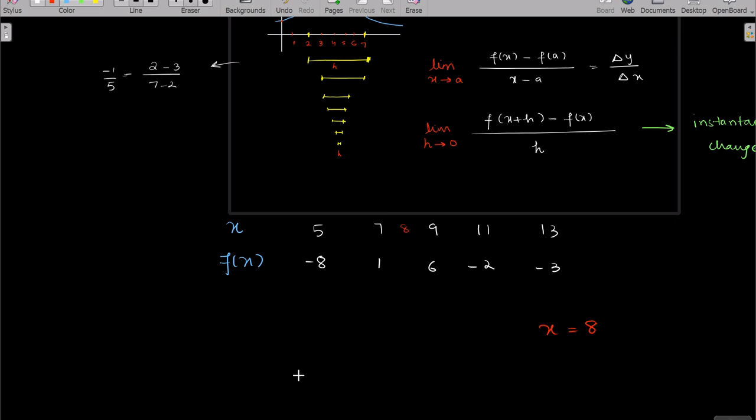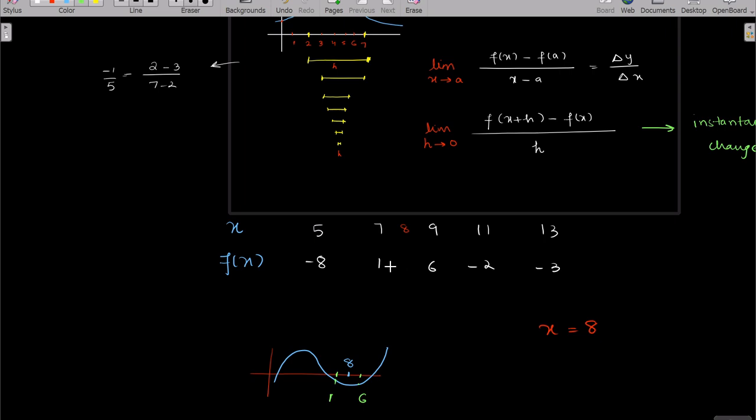See, I don't know what's the graph of this function. It can be anything, and let's say this point is 8. We don't know the value of the function at 8, but we know the values of the function at 7 and 9. At 7 the value of the function is 1, and at 9 the value of the function is 6.